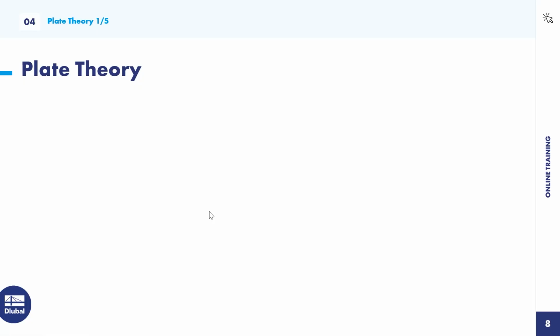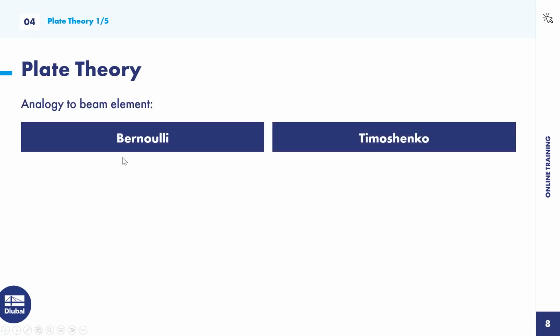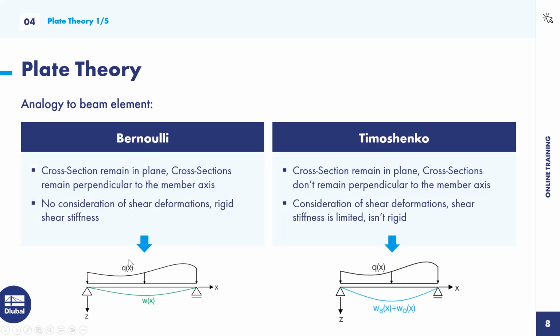For members, you might know there are two concepts or two theories. The plate theories are almost the same as those for members. For the beam element, we have the Bernoulli as well as the Timoshenko beam. The differences, well, let's go for the similarities first.